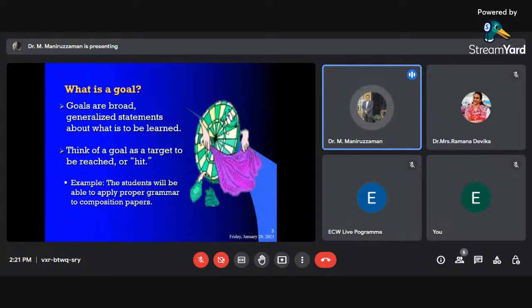Here it's very broad, very much generalized. Proper grammar means a lot of things: parts of speech, use of verbs, adjectives, adverbs, prepositions, tenses, everything. It's very broad.